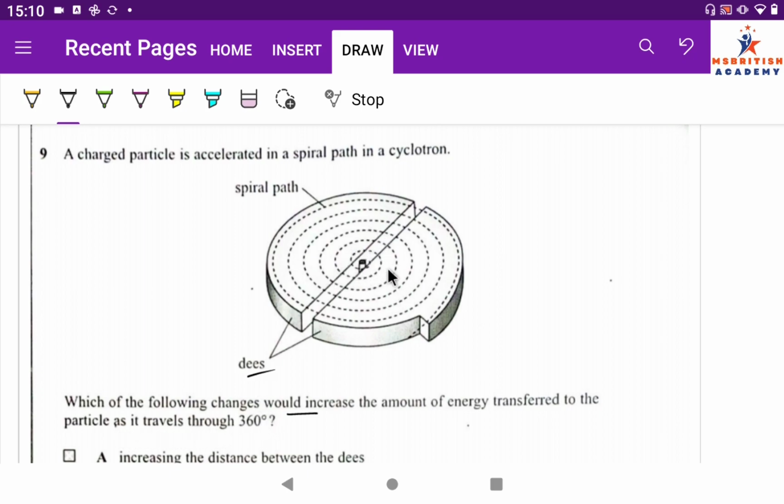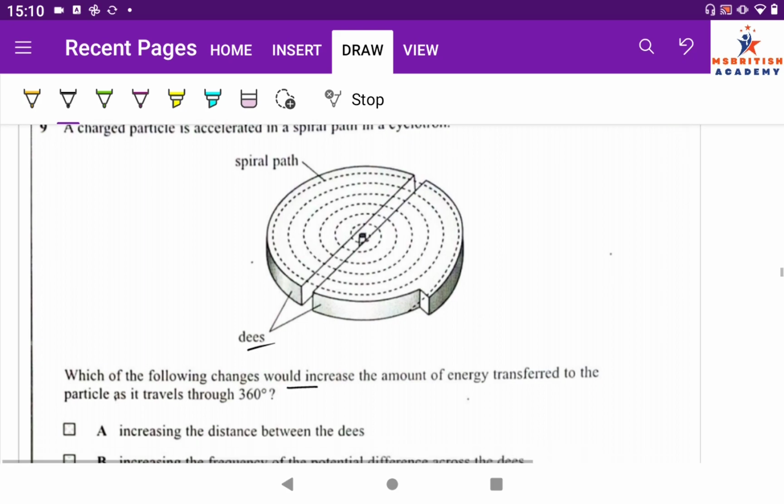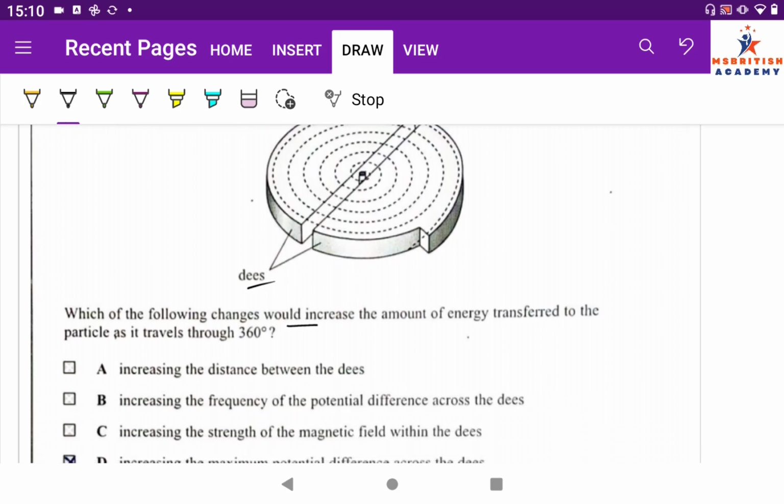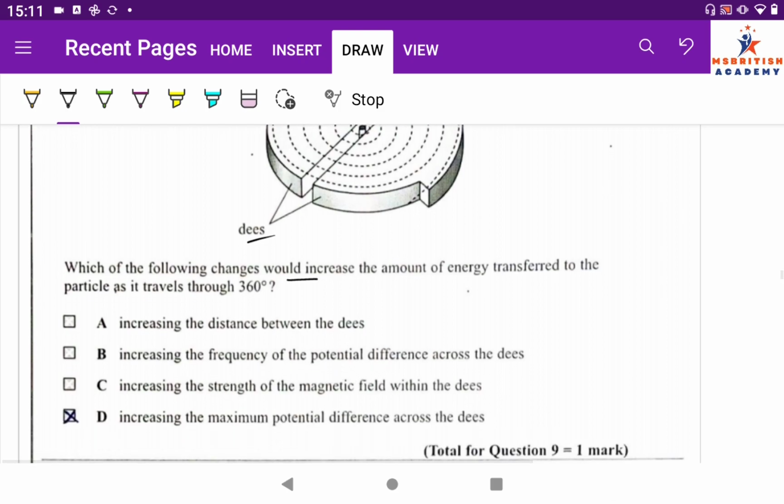It starts from here and makes a spiral path on the disc. The options are: increase the distance between the discs, increase the frequency of potential difference across the discs, increase the strength of magnetic field within the discs, or increase the maximum potential difference across the discs.